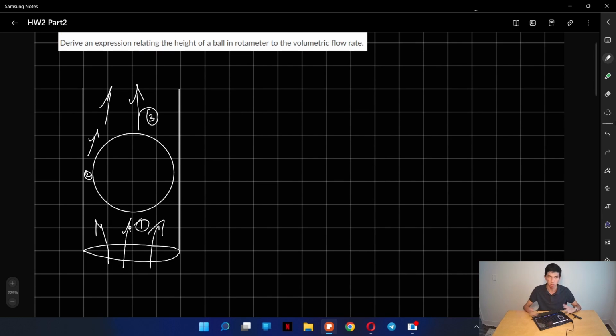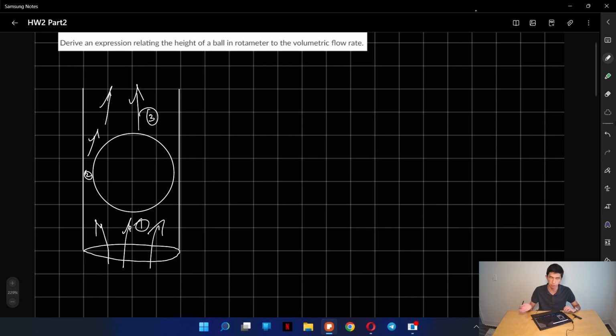In order to approach our problem, we can use our force balance equation. For the ball to have no acceleration, the flow is going to provide some force, right? So in order for the ball not to move, it should be in a force balance, in equilibrium.